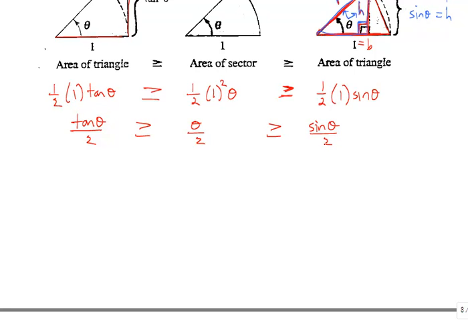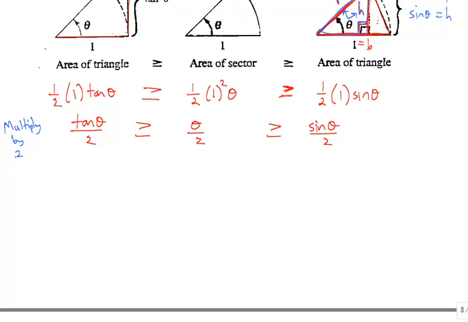So what I want to do next is clean this up a little bit. And you probably wouldn't think to do this on your own. That's why these proofs are hard. But what we're going to do is multiply all 3 pieces by the reciprocal of this sine of theta over 2.